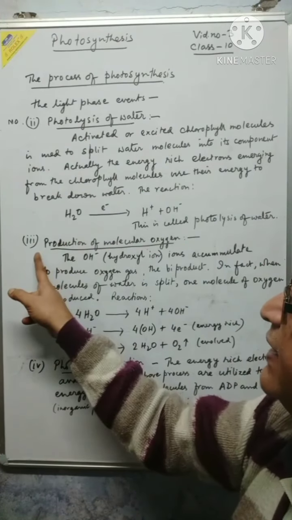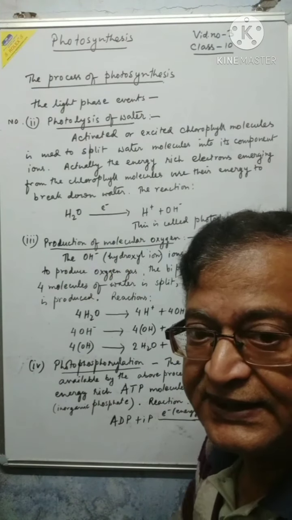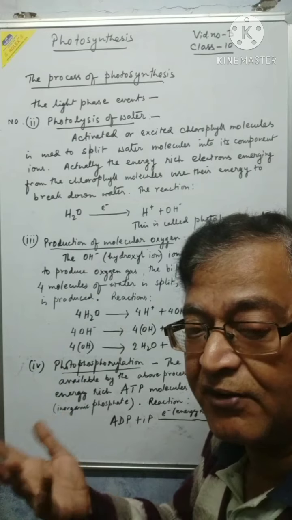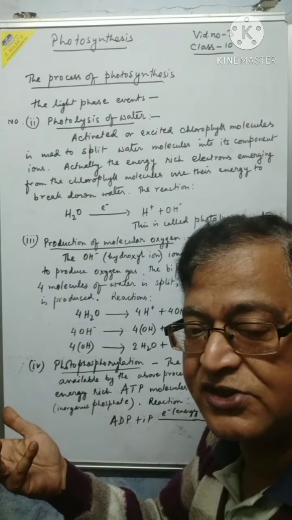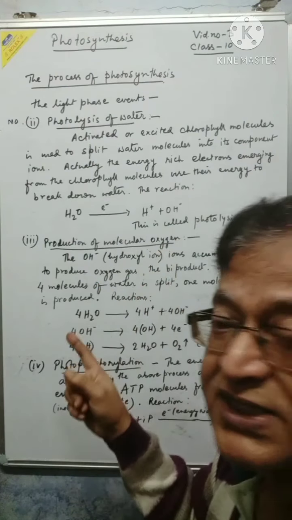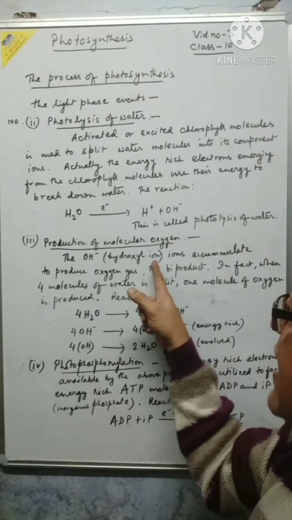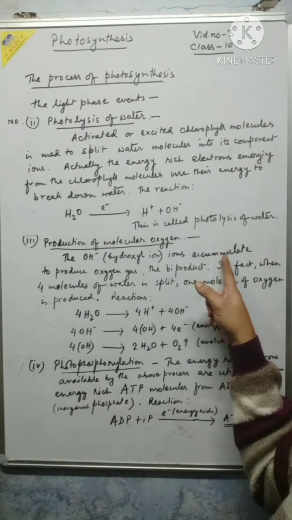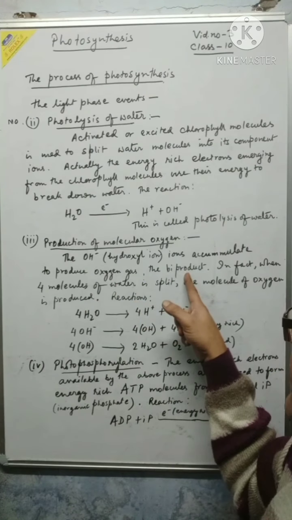Third event is production of molecular oxygen. In this event, prior to the formation of glucose, the byproduct, the oxygen molecule, is produced. How is it done? The OH minus ions, the hydroxyl ions, accumulate to produce oxygen gas, the byproduct.